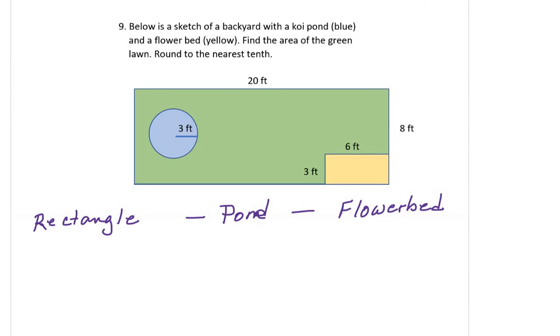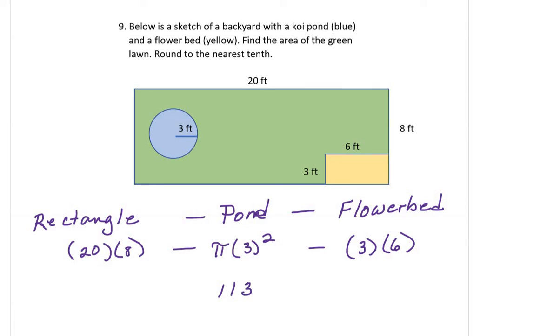So this great big back lawn is 20 by 8. The pond, pi r squared, so pi times 3 squared, and the flower bed is 3 by 6. So you can just stick this into your calculator all at once. And that is your answer.